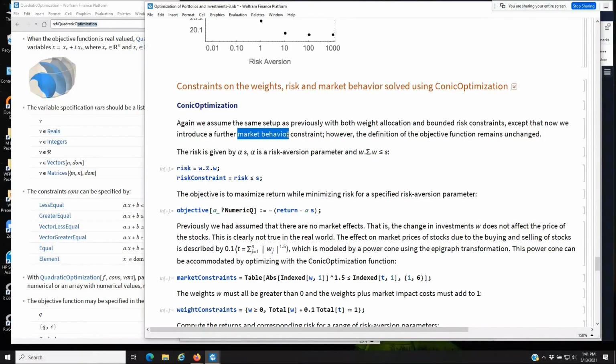And so you get a feedback mechanism. And this feedback mechanism means that it will induce another constraint on our problem. So we have the situation from beforehand, the risk, and also an upper bound on the risk. So this is our risk constraint. Our objective function remains the same, but now we look at the fact that there are going to be these market effects as a result of buying and selling.